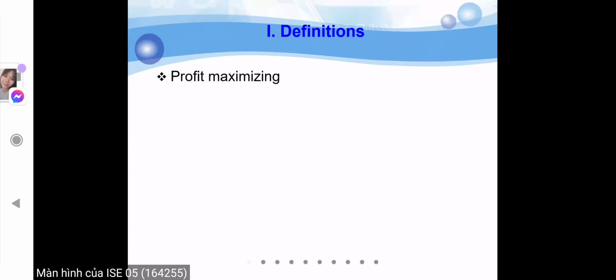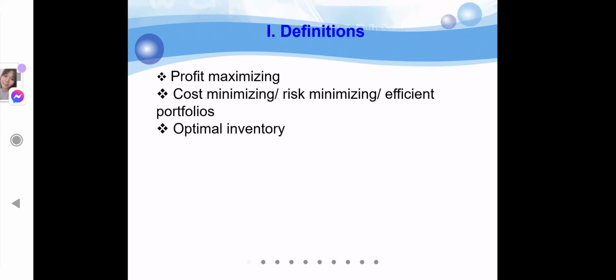Now we move on to the first part, definitions. In life, we need to find profit maximizing, cost minimizing, risk minimizing, efficient portfolio and optimal inventory.